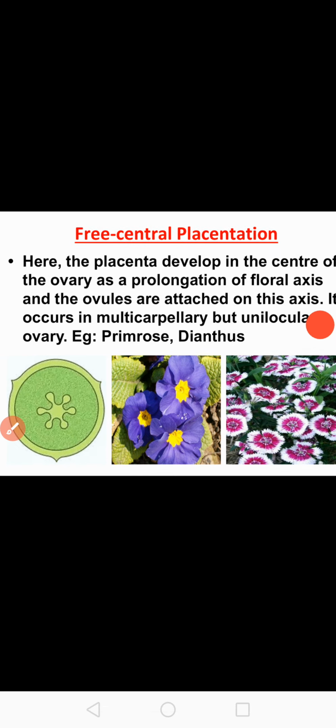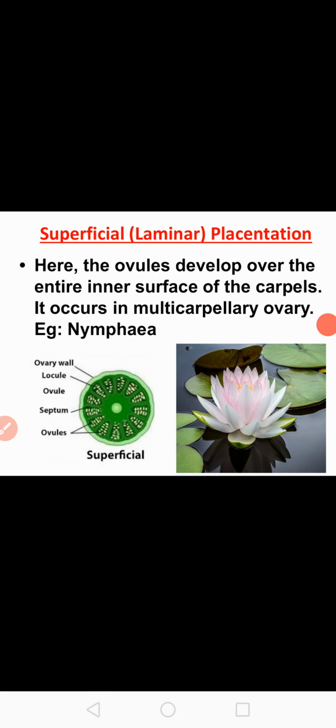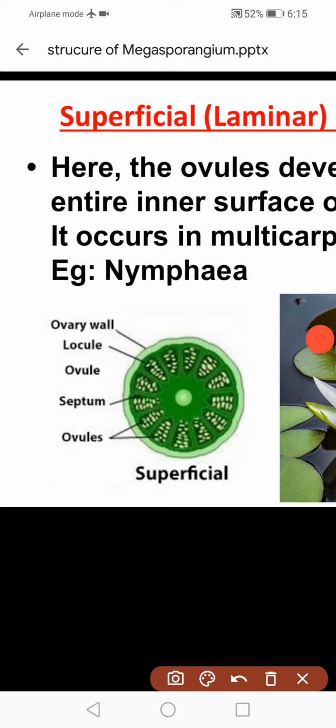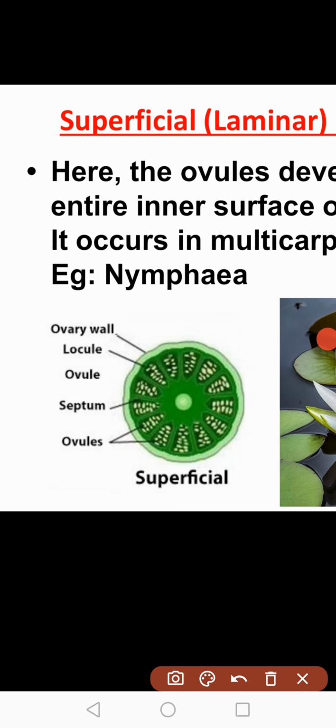The last type of placentation is superficial, which is also called laminar placentation. Here the ovules develop over the entire inner surface of the carpels, and it occurs in multicarpellary ovary. Example, nymphaea. So now this is the ovary portion, and in the ovary you can see many septa.